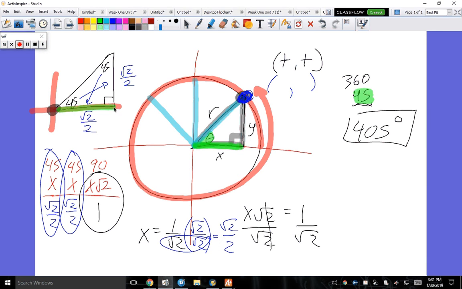So it is root 2 over 2. Okay, we're almost there. So we'll find all of that with any angle? Just with the special ones. Other ones that are not special, we're going to have to get more information from trig values and stuff. We're going to use x over r, y over r, all those different things. Okay? And then, what's my y value going to be? Same, root 2 over 2.